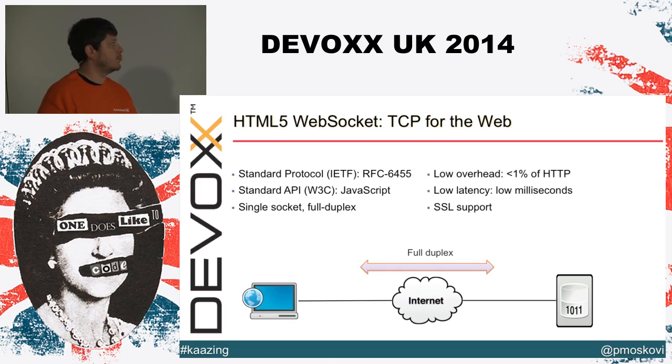Interestingly, it's both a wire protocol. It defines what bits and bytes are traveling on the wire, and it's also an API. The API was defined originally for JavaScript, but there are more and more languages that are supporting it. The first standard, the protocol, is controlled by IETF. The language API is controlled by W3C.